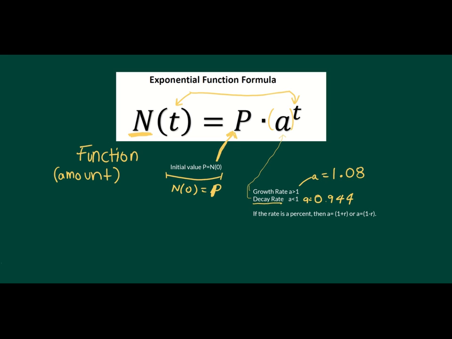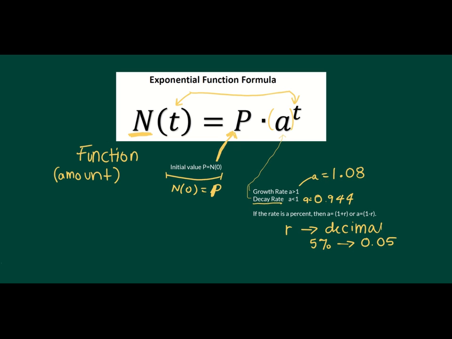So if you're given a percent, then you have to be careful. R is the percent. You need to take R and turn that into a decimal before beginning. So if you have a percentage growth of 5% every year, before you start making your model, you need to convert 5% into a decimal. And 5% is 5 out of 100.